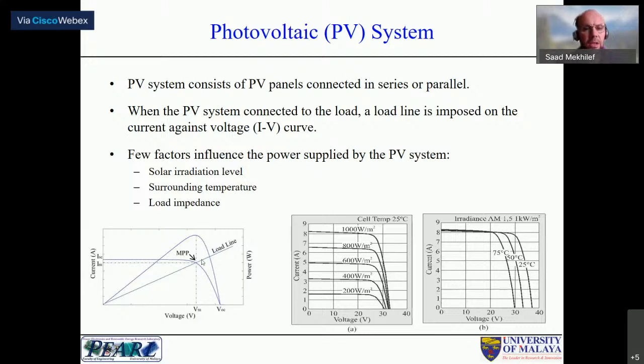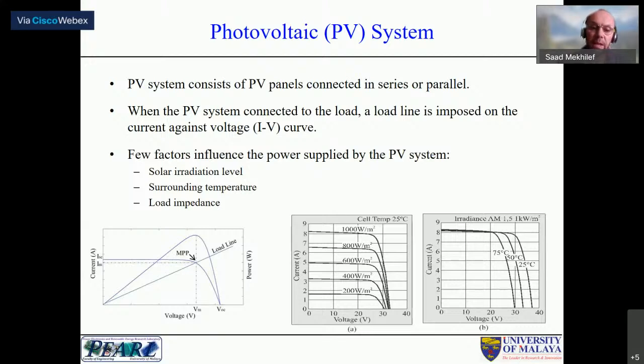At each point of time on the IV curve, there is only one maximum power point. We call it the MPP, and it represents the best operating point of the photovoltaic system, which gives you the maximum current and the maximum voltage, and in return the maximum power.